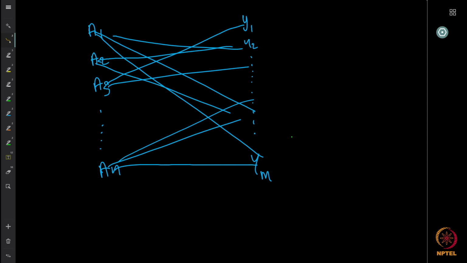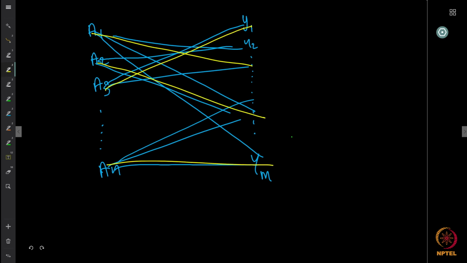Now, what is a system of distinct representatives? Well, a system of distinct representatives is precisely a choice of elements here, right? Such that each element belongs to a corresponding set, right? So what does that translate to? That translates to basically a matching in the bipartite graph, because each set must have a corresponding element which it belongs to, and that will only happen if there is an edge in this graph, which can be picked as part of a matching edge, right?